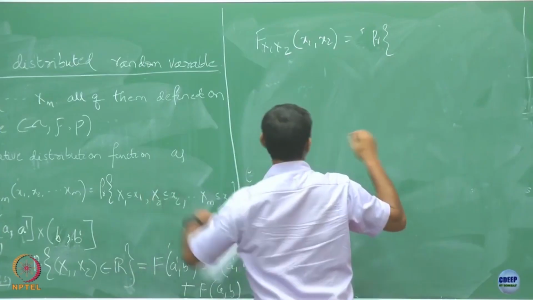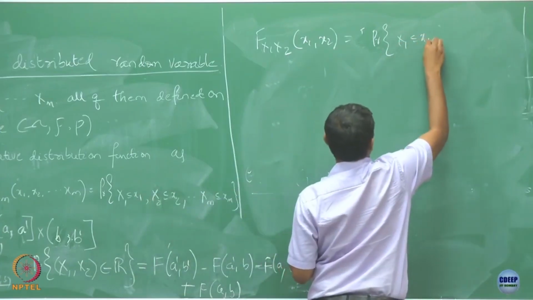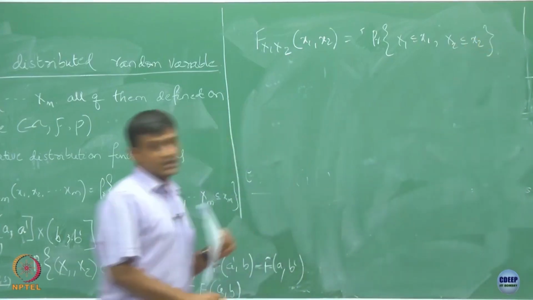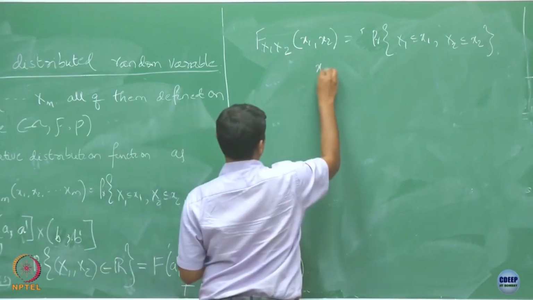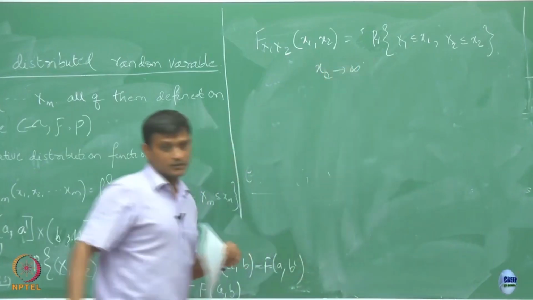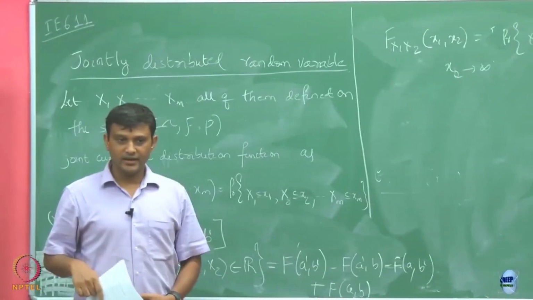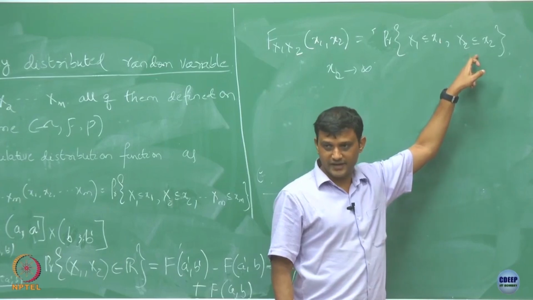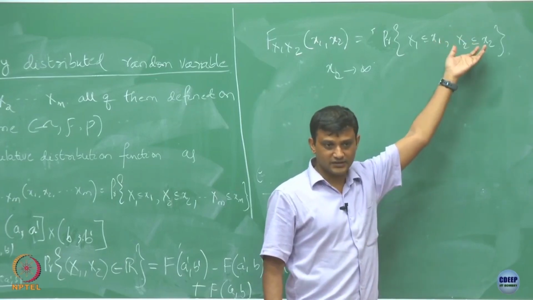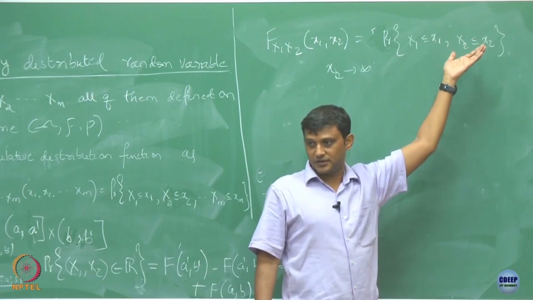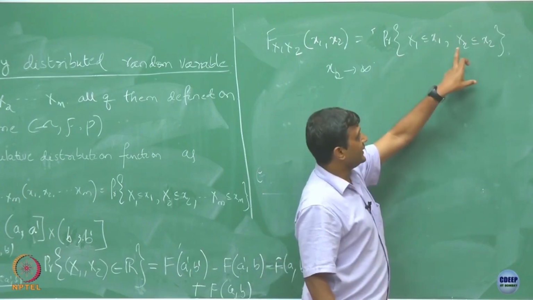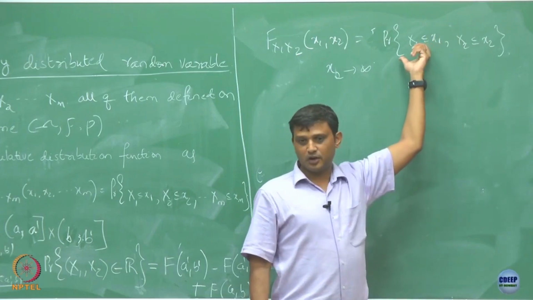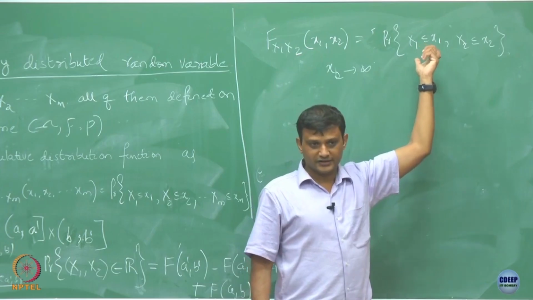The way I have defined it, this is the probability that X1 is less than or equal to x1 and X2 is less than or equal to x2. Suppose I let x2 go to infinity. Then the second part, X2 less than or equal to infinity, always holds. So the probability that X2 spans all its values is already covered, and this simply turns out to be the probability that X1 is less than or equal to x1.